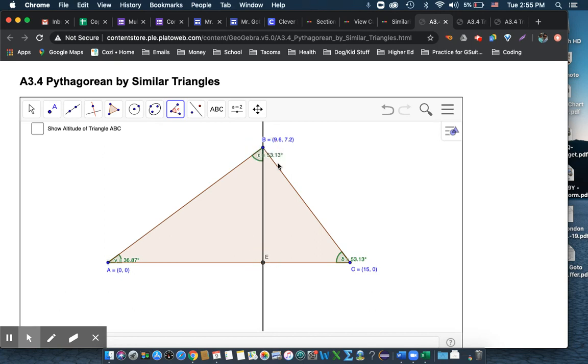Notice 53.13, 53.13. All right. So that is something to definitely take your time on to understand. Okay, because it's a little confusing.